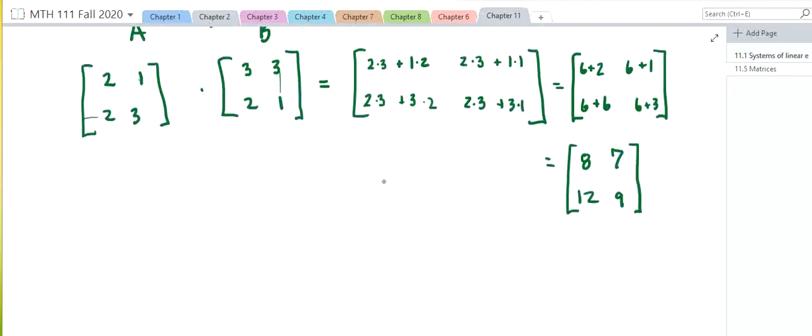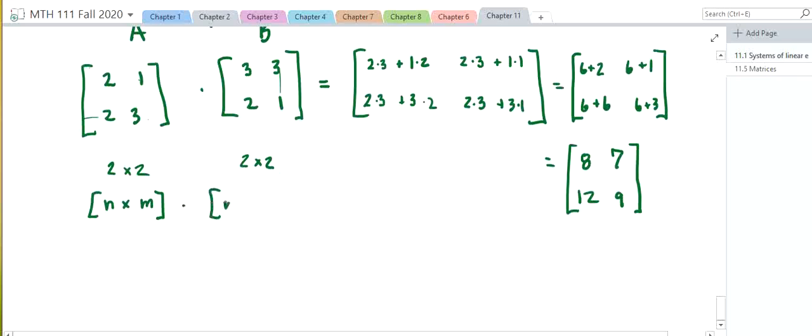Okay, so since I'm doing that, something might have occurred to you: this, of course, was a 2 by 2 matrix, and this was a 2 by 2 matrix. But what you need to make sure is that if you take an n by m matrix and multiply it by an m by n matrix, your resultant is going to be the outside values, an n by n.